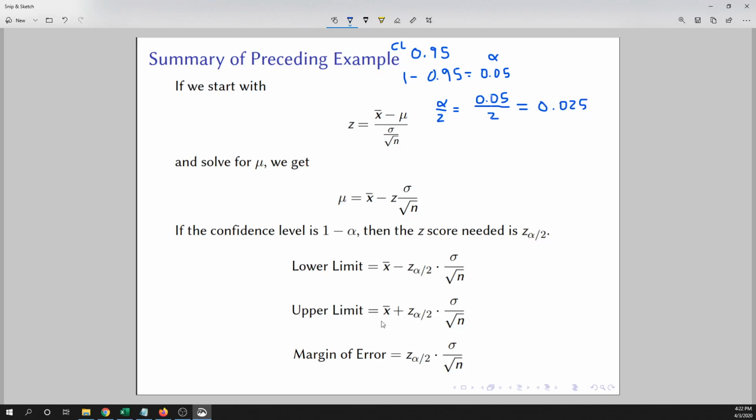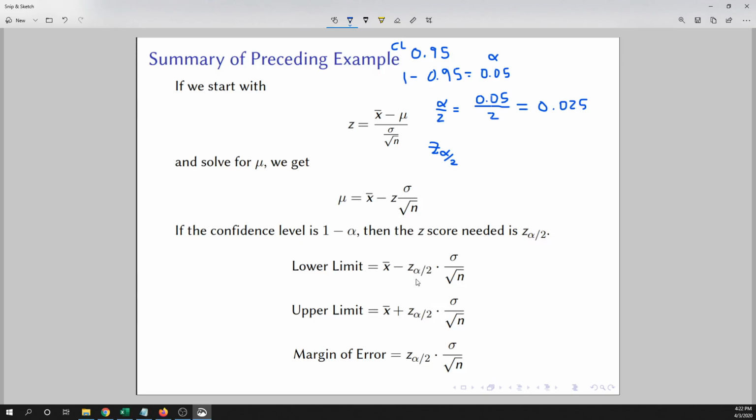And then what we would need to do is to find z of alpha over 2. So you can see down here in the formula for the lower limit, for the upper limit, I have z of alpha over 2.